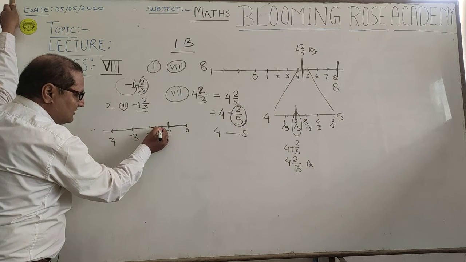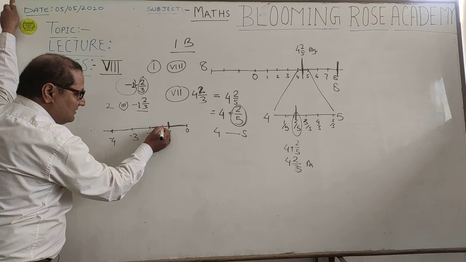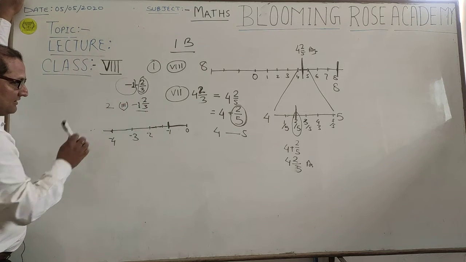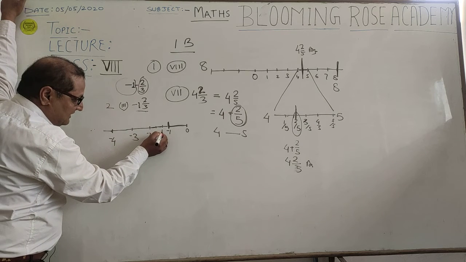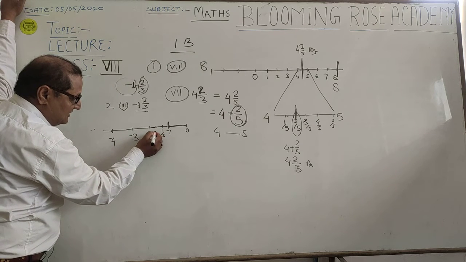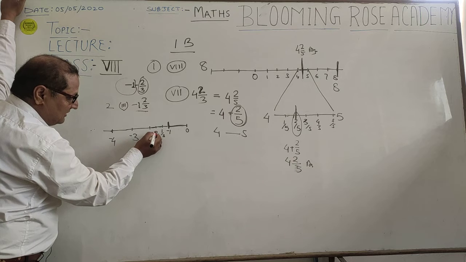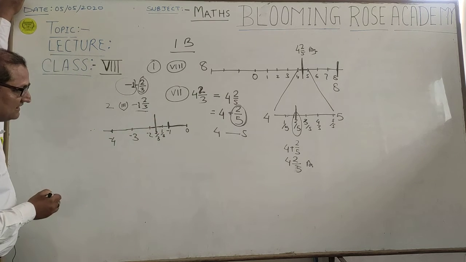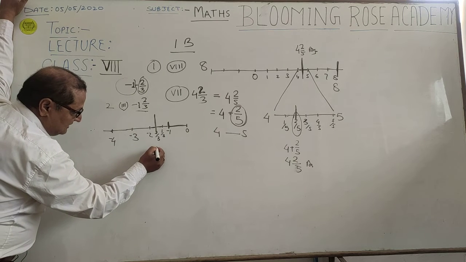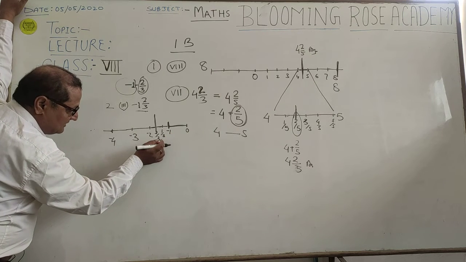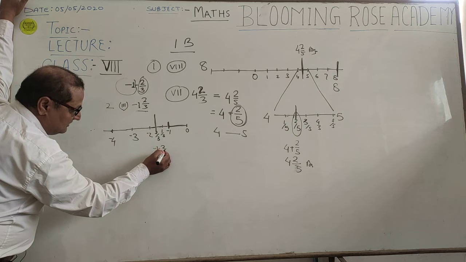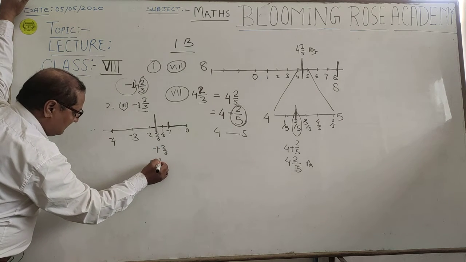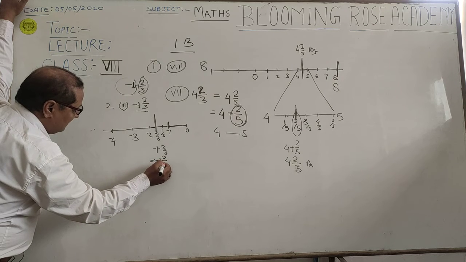This part is 1, this part is 2 and this part is 3. Now we have to take 2/3. So this is 1/3, this is 2/3. Hence this point on the line shows -1 and this is -2/3.